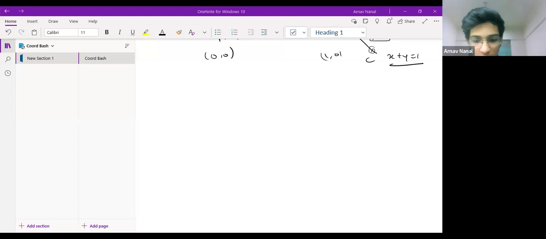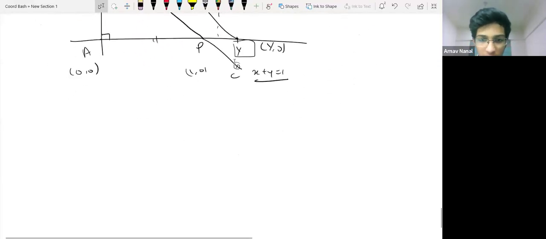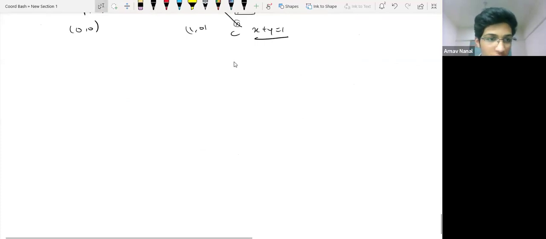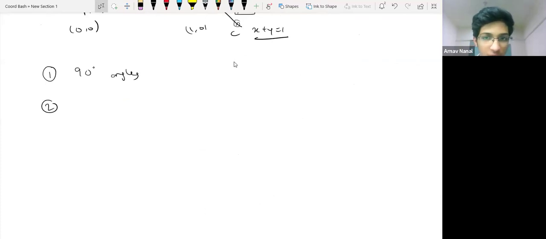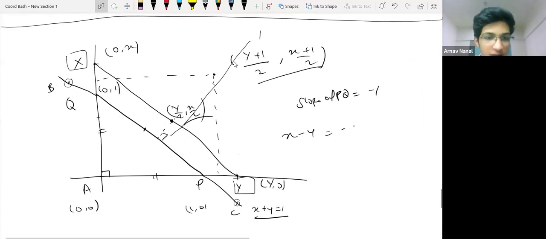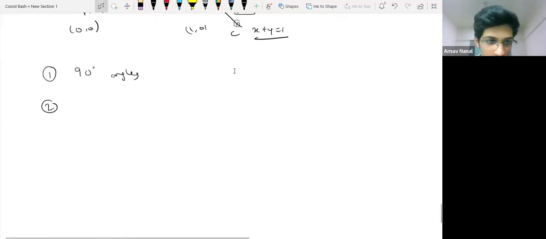One thing we need to discuss is what made this problem ideal for chord bash. Things that chord bash is good with are 90-degree angles, and as you see, you had a lot of 90-degree angles here. This is 90, this is 90, then the perpendicular bisectors are 90, etc. Chord bash can handle it very nicely.